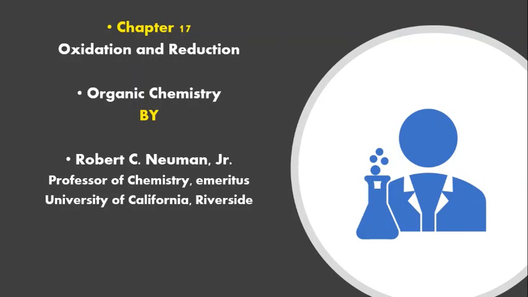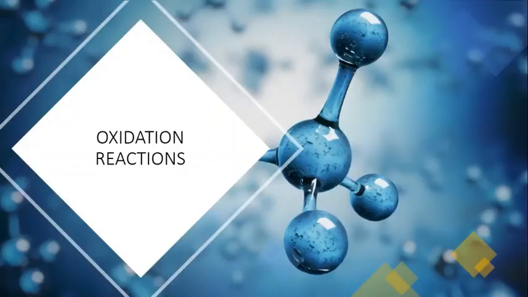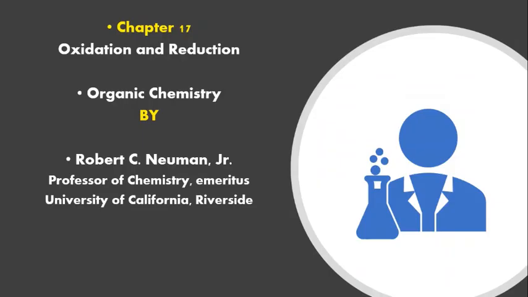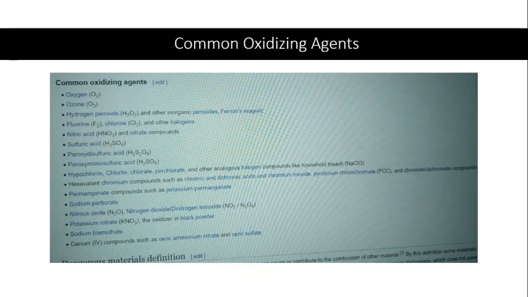So today we will be starting with the various types of oxidizing agents. The question is, what are the various types of oxidizing agents that we usually deal with in organic chemistry?